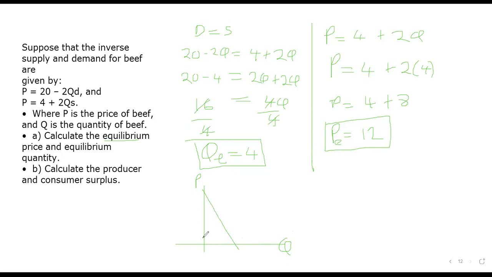And then for the supply, it goes up. Looking at our equation for the demand, we have 20 as our intercept, that's a constant. So we have our point there as 20. Since we found that the equilibrium price is 12, we put the 12 in the middle there. And then the equilibrium quantity down there should be 4.